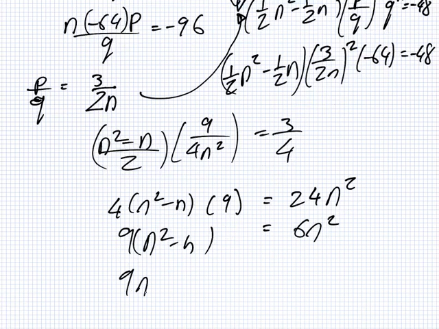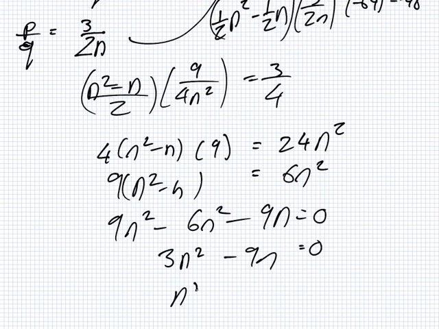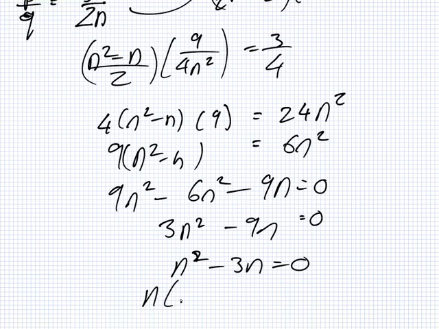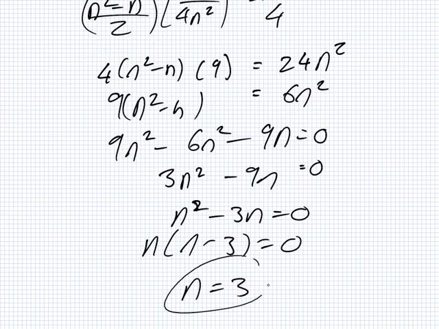So I have 9n squared minus 6n squared minus 9n equals 0. 3n squared minus 9n, n squared minus 3n, n minus 3. n can't be 0, so n is 3.